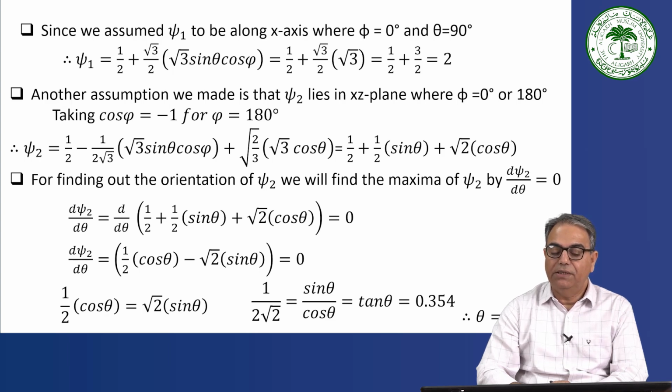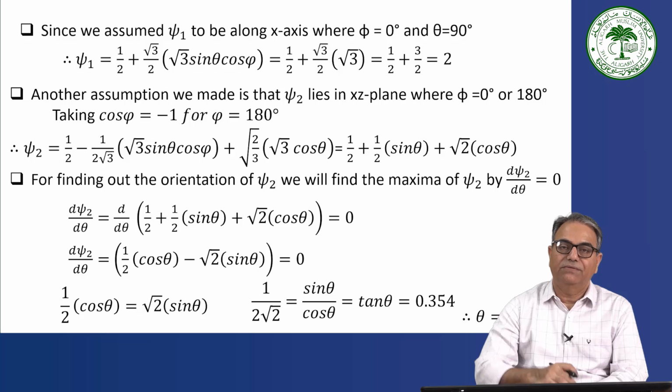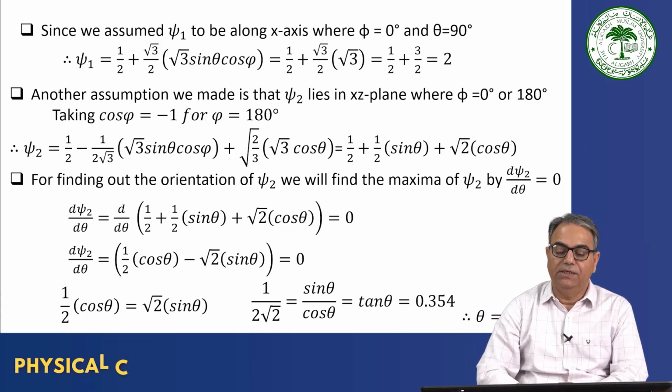Another assumption we made is that psi 2 lies in the xz plane. In the xz plane phi is equal to 0, because phi is the angle in the xy plane, or 180 degree. So taking cos phi equal to minus 1 for phi equal to 180, what do you get? Psi 2 is equal to 1 by 2 minus x.